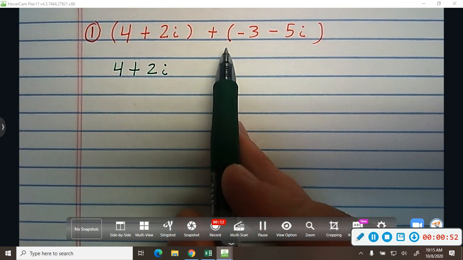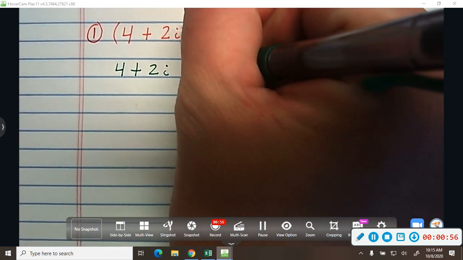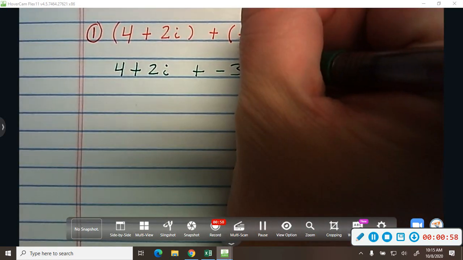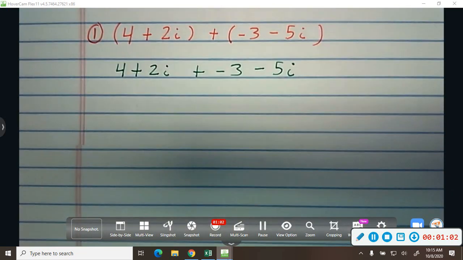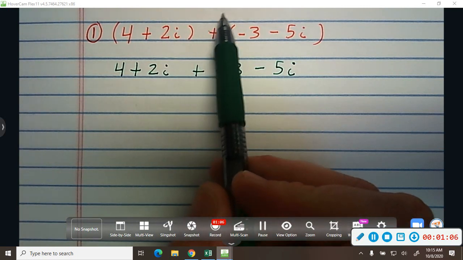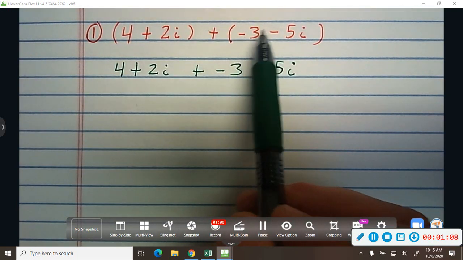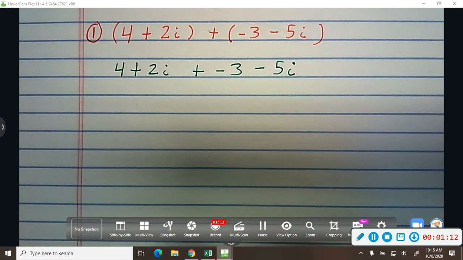So we really don't need the parentheses. If this were a minus, I would need to distribute the minus and negate everything. Negate means change the sign. But it's a plus, so those are easy.